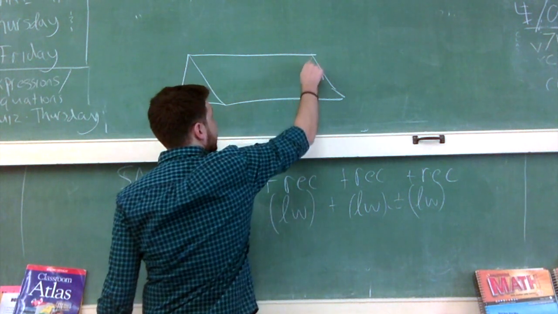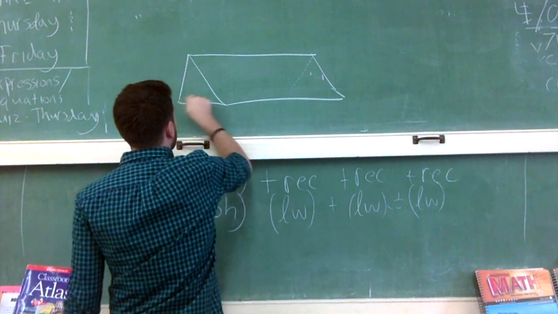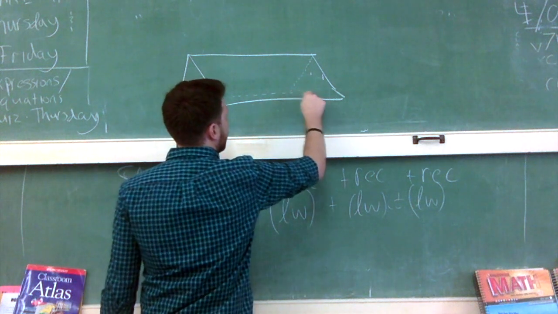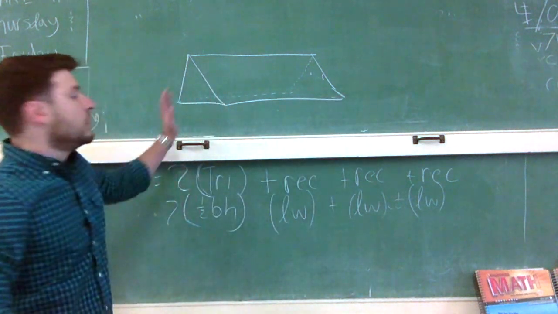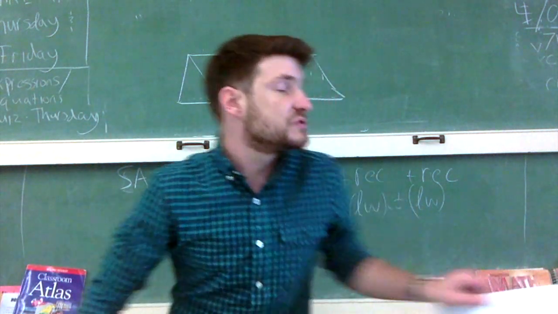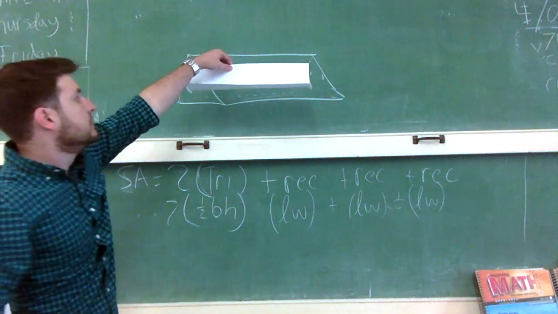I'm going to add some dotted line down here, so it goes across like that. I'm going to add one like here. So now we can see I have a triangular prism. I have on each side a triangle, and it forms those 2 rectangles with my base down here at the bottom.